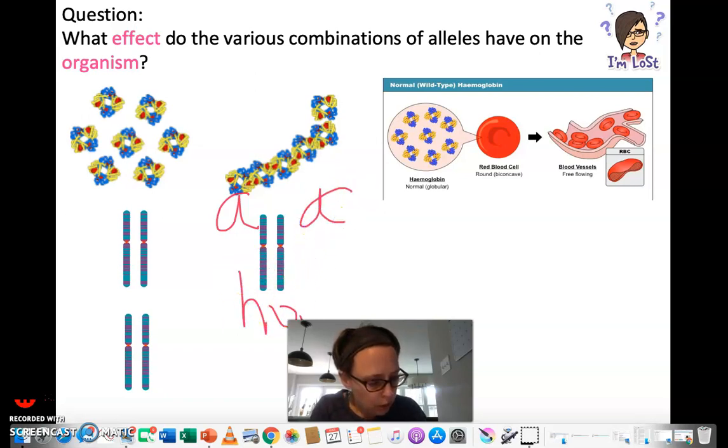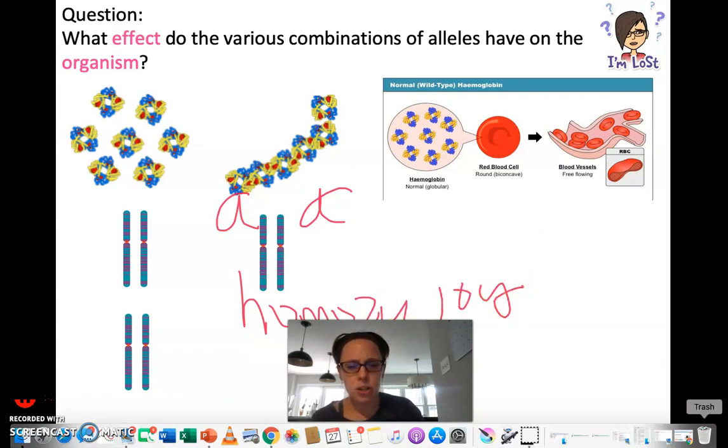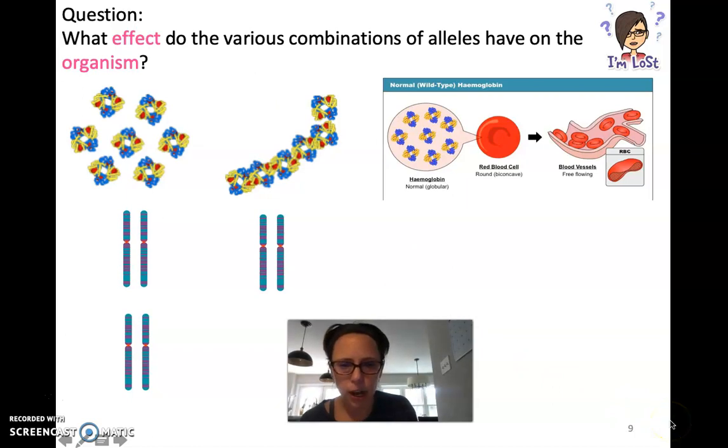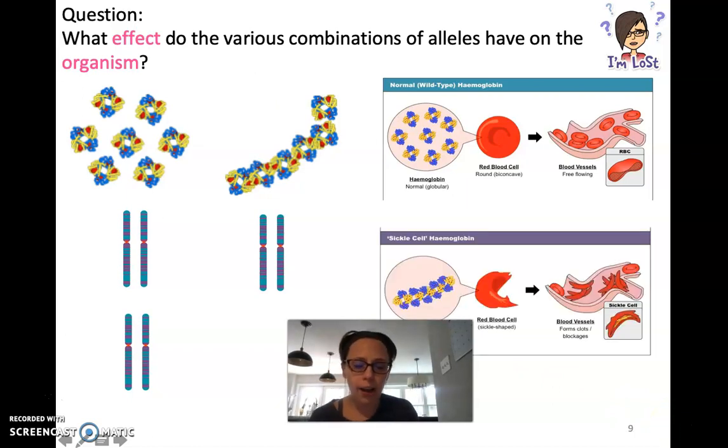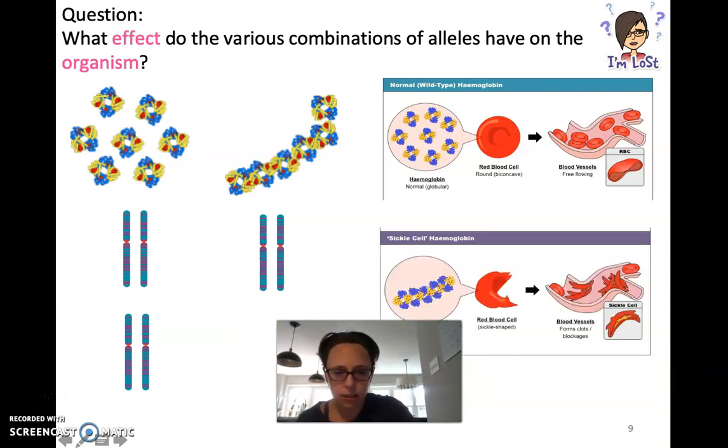So she is what we call homozygous as well. She's homozygous, but she's homozygous for the recessive allele. She has two recessive alleles, but they're both the same. And so if you're homozygous recessive, you have sickle cell disease.